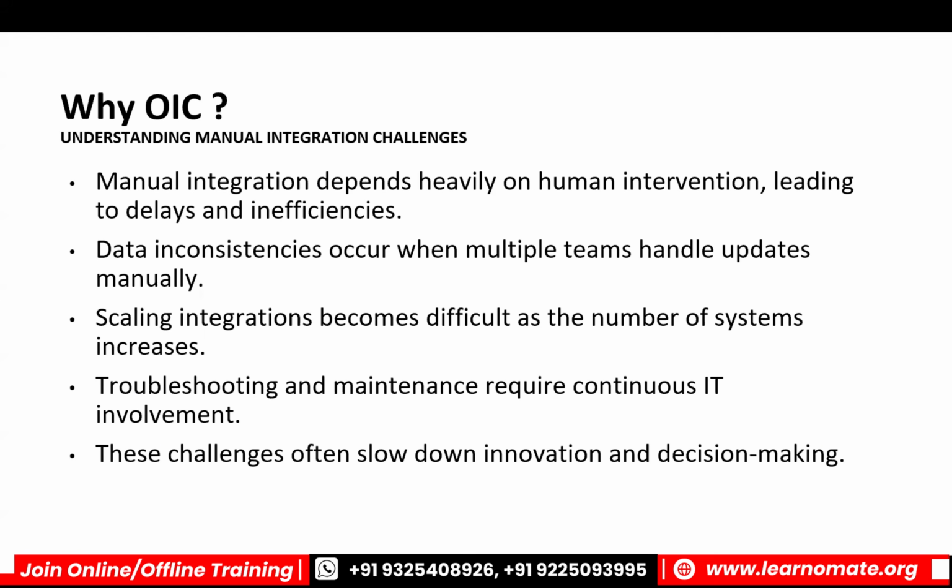So for repetitive tasks where we have too much dependency on humans, we can reduce those with the help of OIC. When it is done by a human, there is a possibility of data issues. But when the system does it, those issues will not come. Data inconsistencies occur when multiple teams handle the updates, but here a single system takes care of everything.